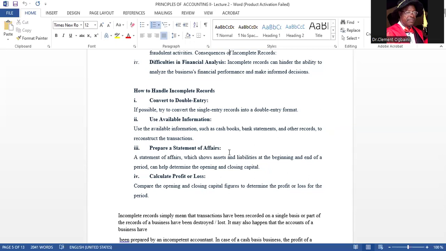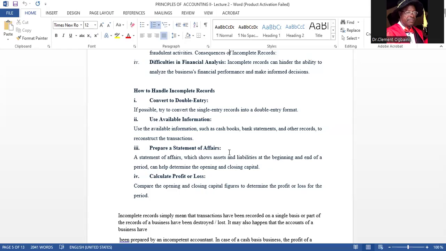Any transaction made through the bank will be recorded in the bank statement. So if you have a situation of incomplete records, you can look at the cash book, then also demand the bank statement. It gives you an insight into how you can do a reconciliation of all the transactions.